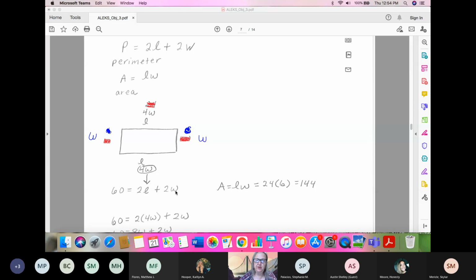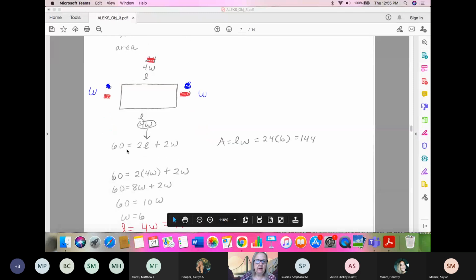Just copy those down. However, by putting this 4W right next to L like this, it reminds us that those two are equal, that the length is 4W. So we can take this 4W and put it in for this L, for the length here.